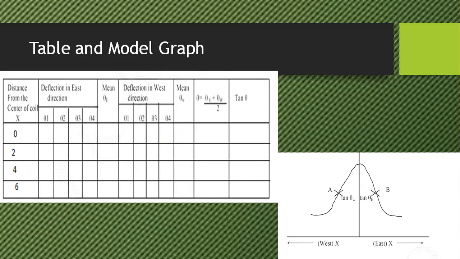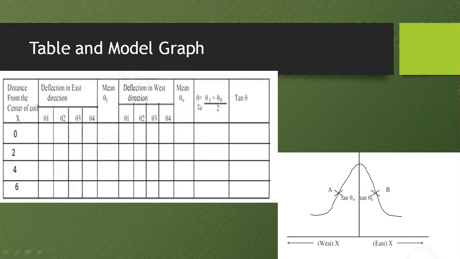And when the current is reversed, we'll get theta 3 and theta 4. In this way, we can tabulate the theta values and find the theta mean in east direction as well as west direction. Then you'll get theta mean, which is equal to theta east plus theta west by 2.